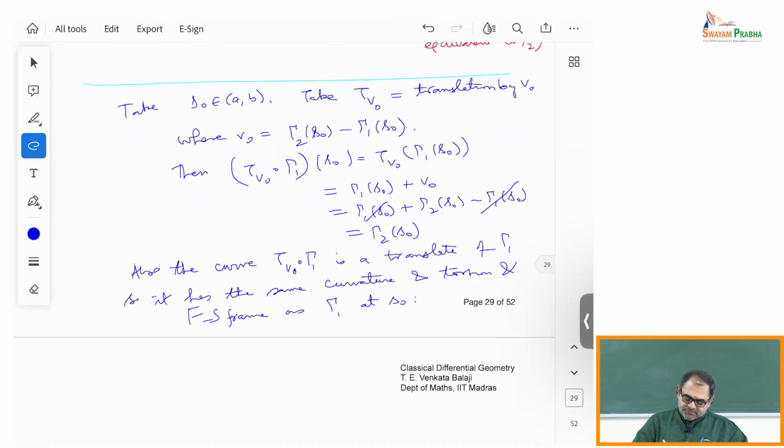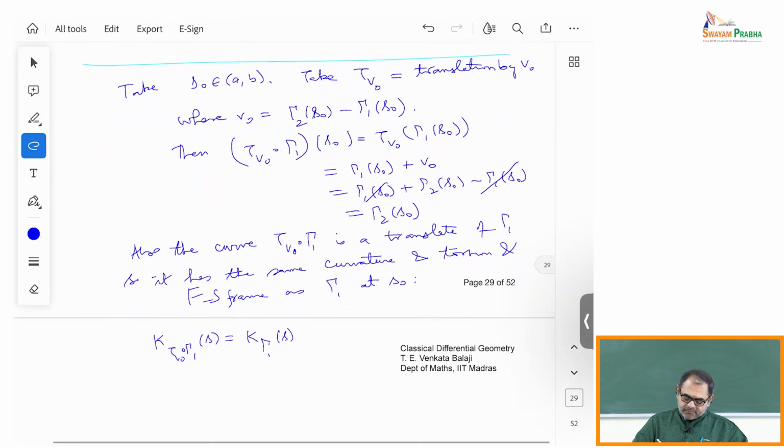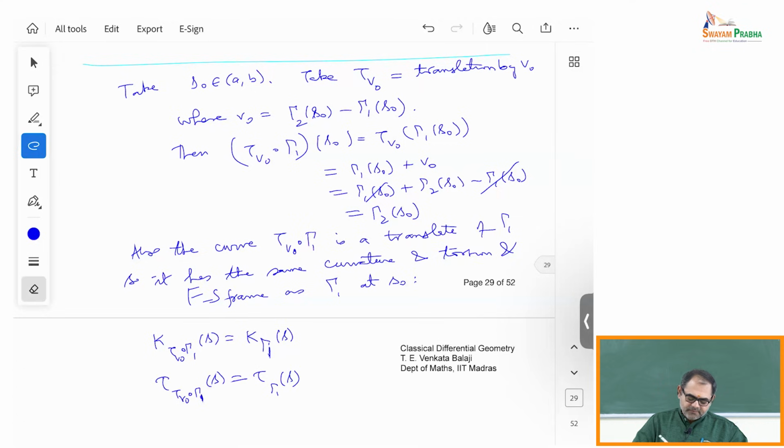So let me write this. So K of TV naught circle gamma 1 of S is equal to K of gamma 1 of S, and then tau of TV naught circle gamma 1 of S is equal to tau of gamma 1 of S. Okay.